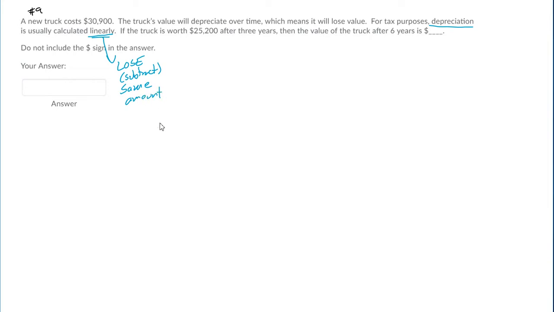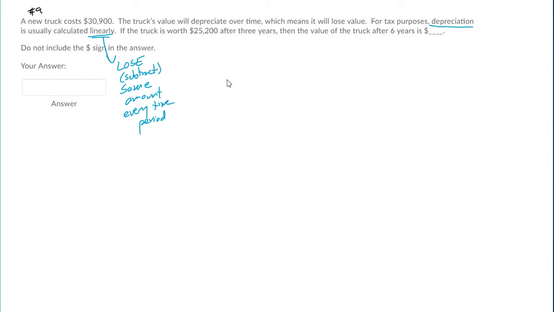In this case, it's annual, we're going by years. If it was linear growth, we'd be adding the same amount. If it's linear depreciation, we're losing the same amount. But in either case, it's the same amount.